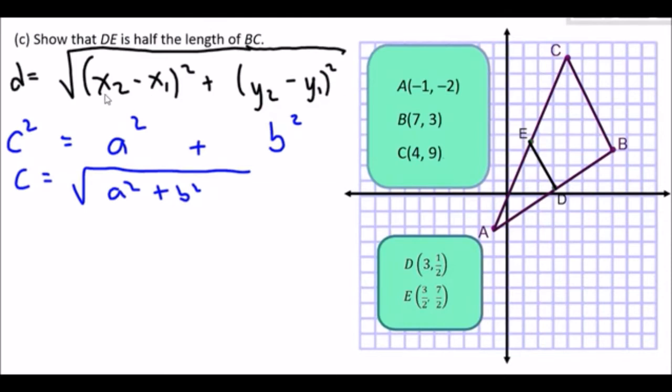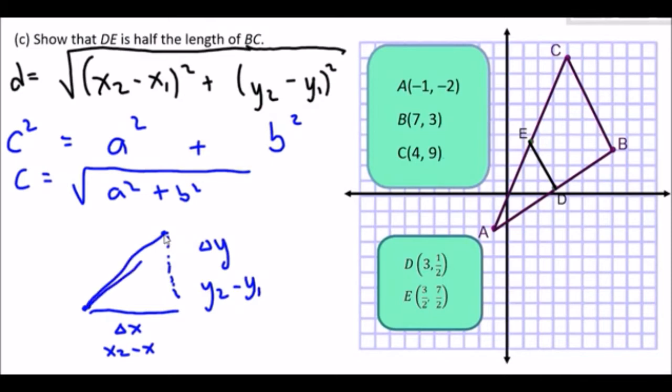So the distance formula is a version of the Pythagorean theorem, because if here's a point and here's a point, here's the x coordinate, here's what I would call delta x, or the difference in the x coordinates, and here is delta y, or the difference in the y coordinates. And if I now draw the line segment between those 2 points, then I've created a right angled triangle with c squared and a squared and b squared and the Pythagorean theorem and so on.